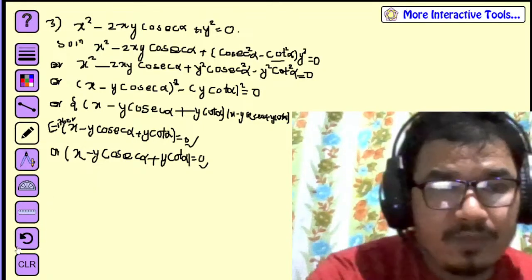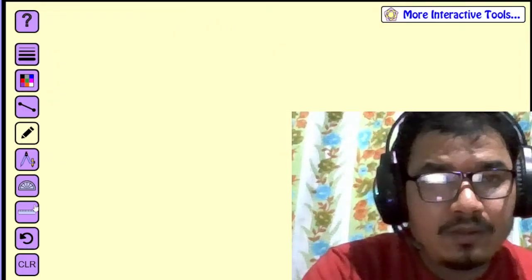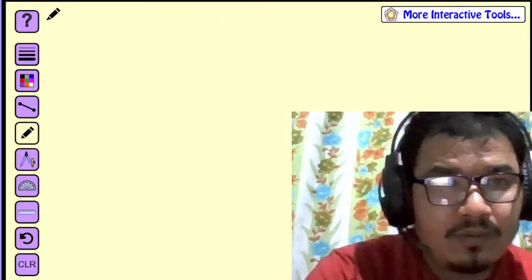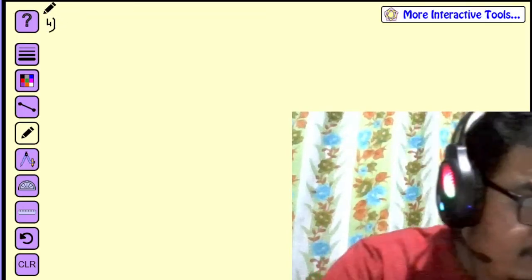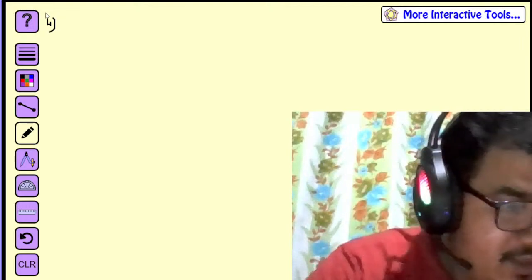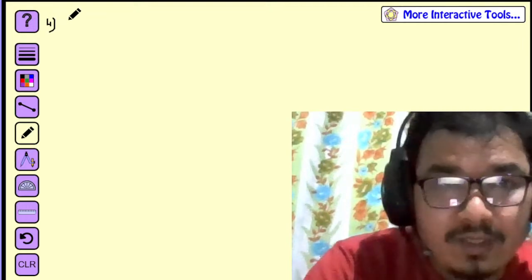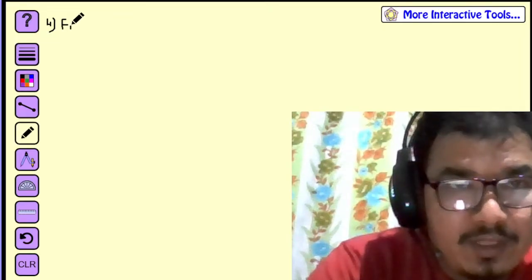Here is, I want to solve this, and it's 4 marks. Finding the equation of a line. Questions like this: find the equation of the line.